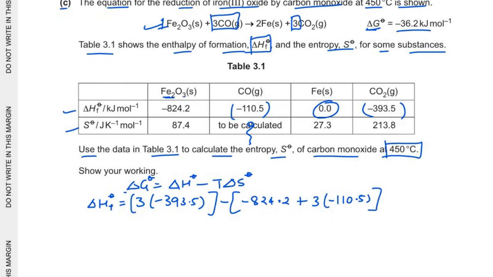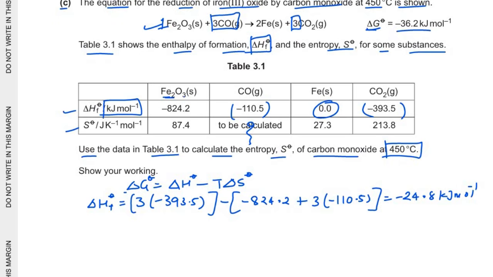So this is the enthalpy change we'll calculate, and the answer is minus 24.8 kilojoules per mole. Remember, the values are given in kilojoules per mole, so our enthalpy change will also be the same.